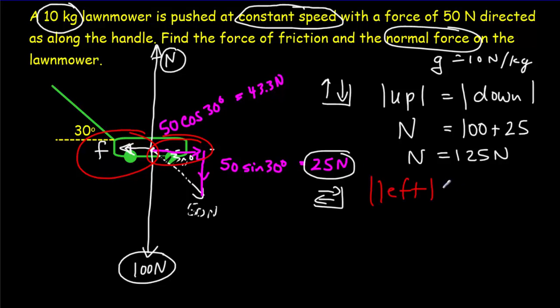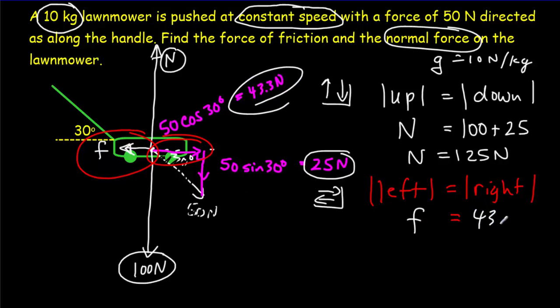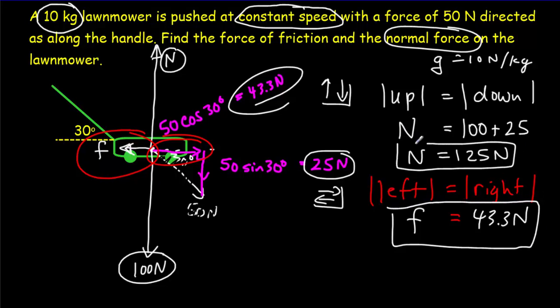The magnitude of the left forces should be equal to the magnitude of the right forces, which is to say, the force of friction should be equal to 43.3 newtons. So we found our force of friction and we found our normal force. The key idea is to use components, so all of your forces are effectively vertical or horizontal.